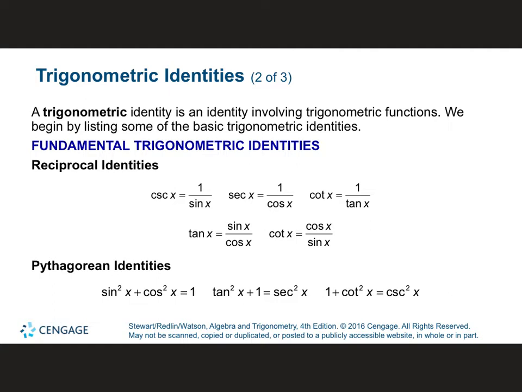These can be interchanged. For example, in sine squared x plus cosine squared x is equal to 1, you can move that cosine squared x over to the other side of your equal sign, and it would give you sine squared x is equal to 1 minus cosine squared x, and it means the same exact thing.